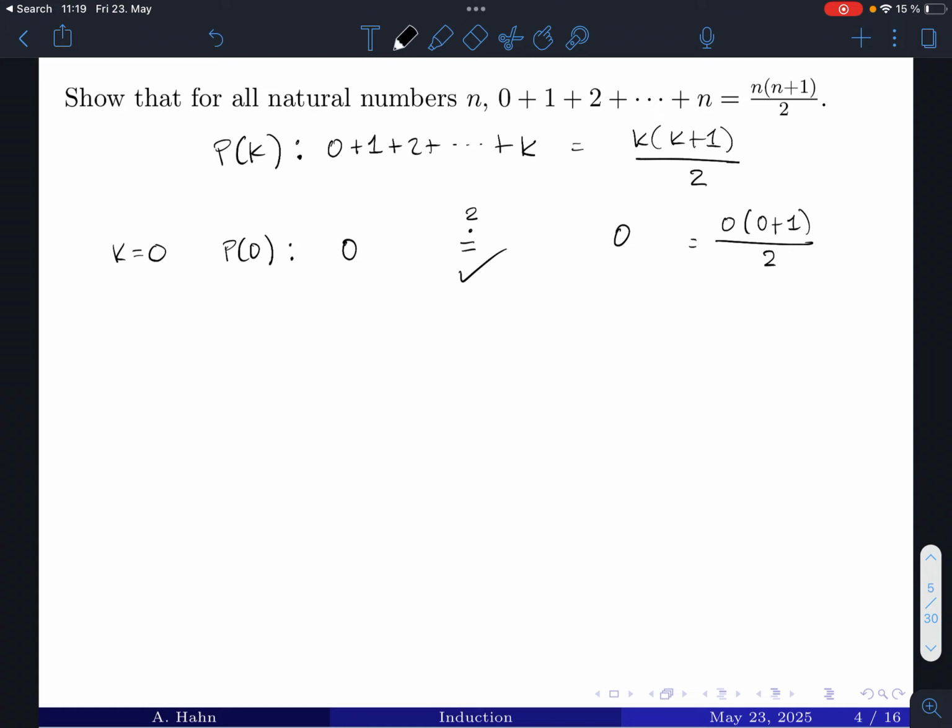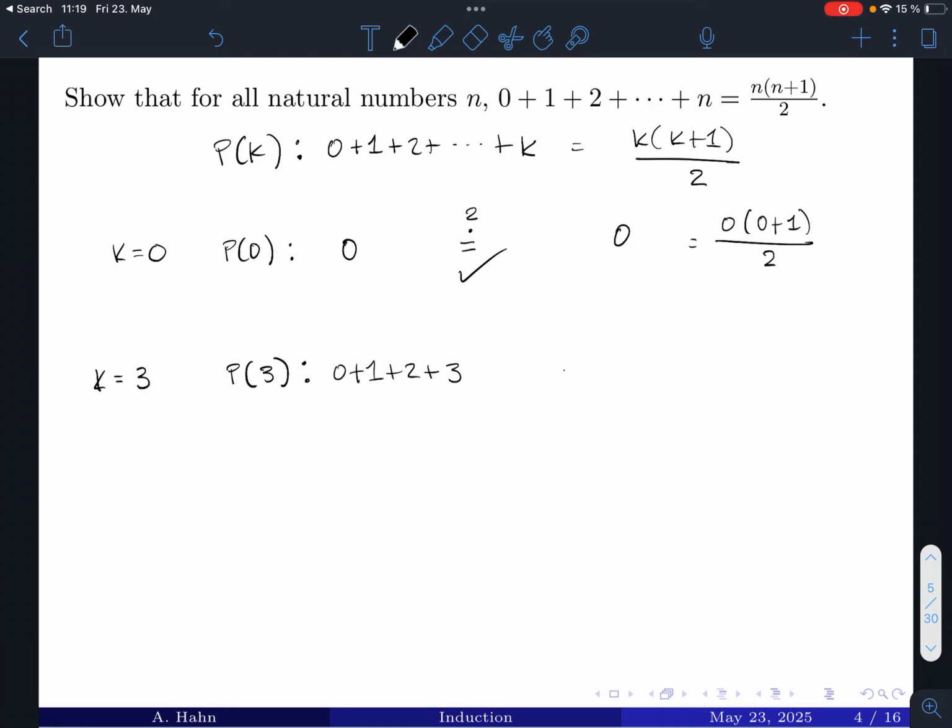Let's do a bigger example. Let's maybe do k is equal to 3, just to get the concept down. So P of 3, the predicate on the natural number 3, is that we're going to add all of the numbers starting from 0 up through 3. So we're going to do 0 plus 1 plus 2 plus 3.